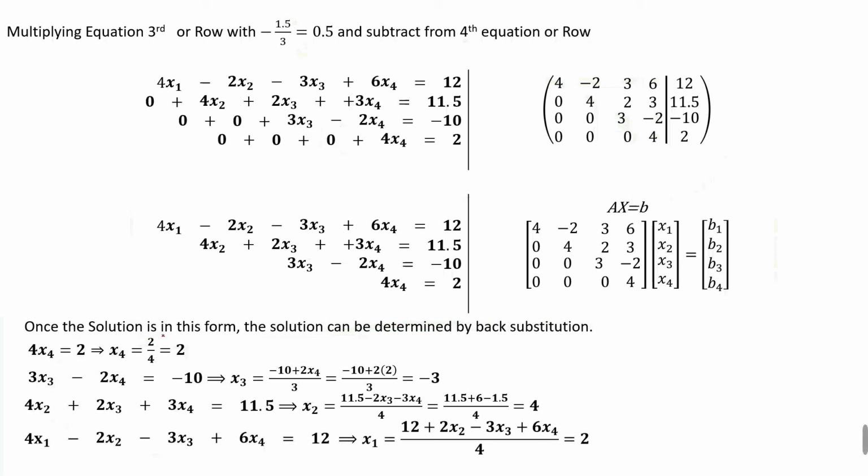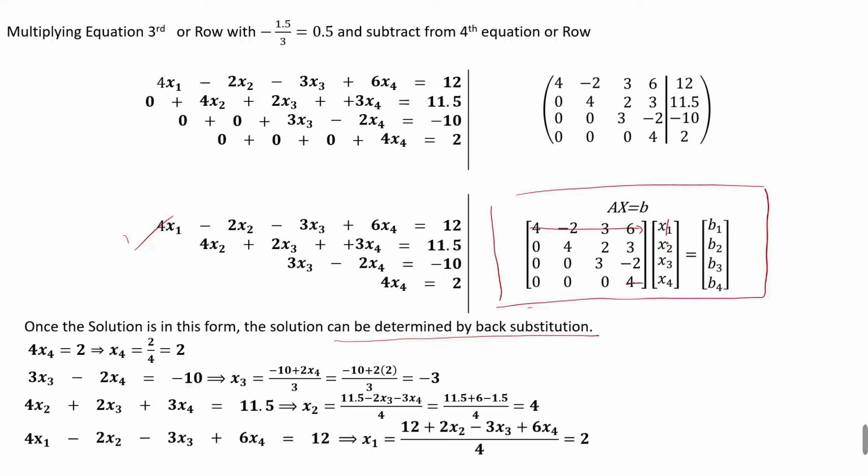Once the system is in this form, the solution can be determined by backward substitution. If we are solving the system by matrix form, then at this step we multiply all these elements to again obtain the equation form.